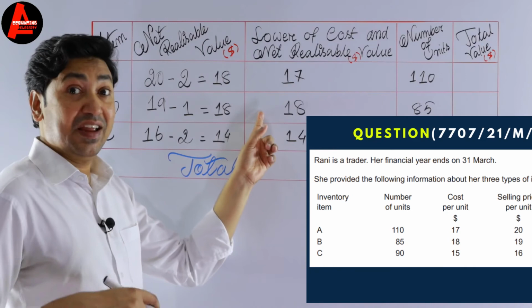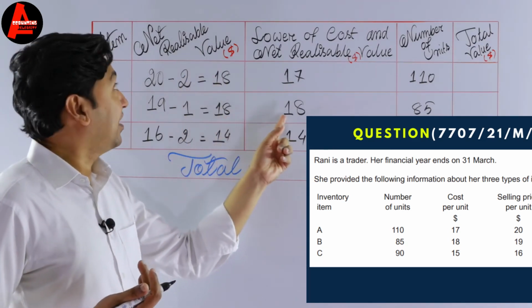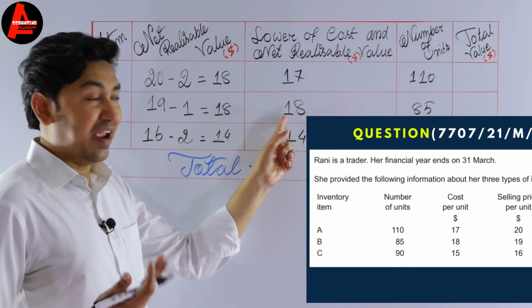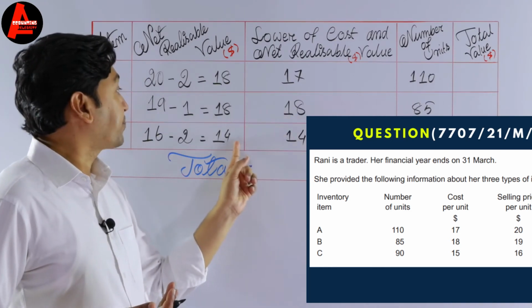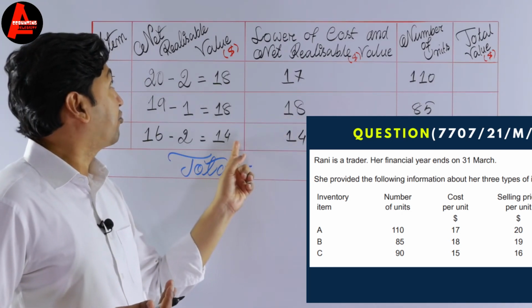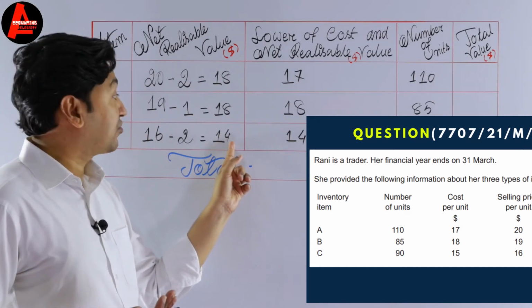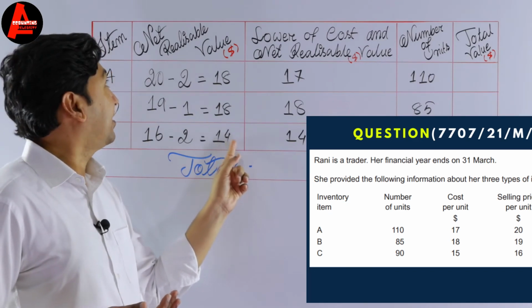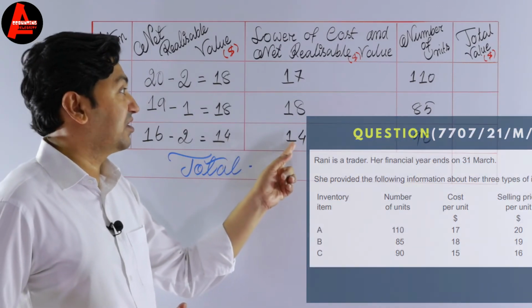But for B, the net realizable value is 18, and the cost price in the question is also 18. So we choose 18. For C, net realizable value is $14, but cost price was $15. Which is lower? The net realizable value, which is 14, is lower. So we choose this one.